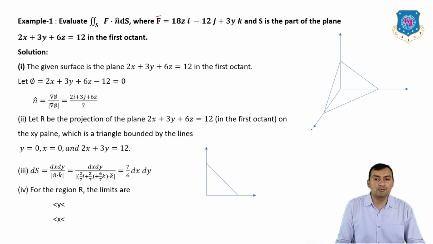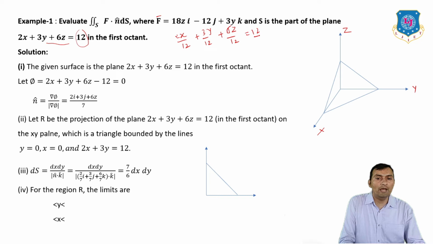So this is our x-axis, this is the y-axis, and this is the z-axis. Here, to draw this figure, I am just going to divide by 12 on both sides. So we will have 2x divided by 12 plus 3y divided by 12 plus 6z divided by 12 equal to 12 divided by 12.